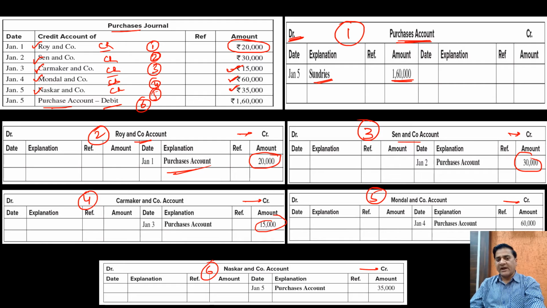And the debit of all these accounts would be transferred to the purchase account. Why? Because our journal entry is purchases account debited to all the parties. So from journal entries, you need to prepare the ledger accounts, or you need to post that into the various accounts of different parties. Hope this is clear.